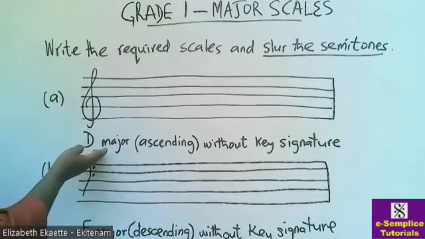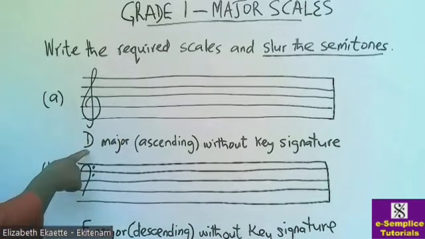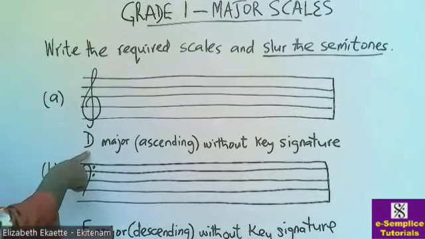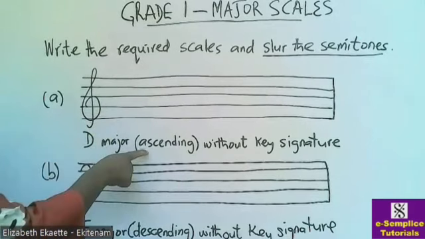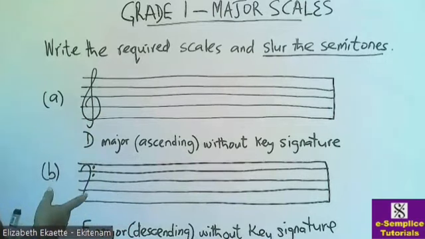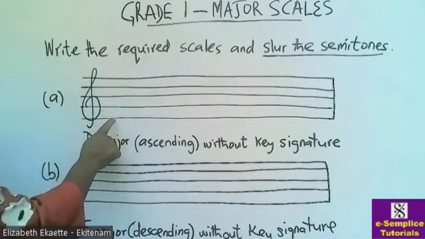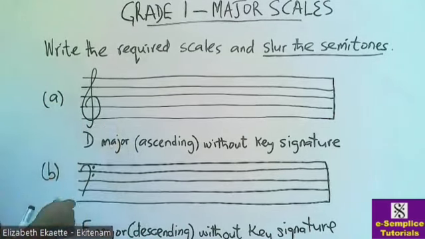Now, let's do D major. Since this is a major scale, the first thing you do is locate a comfortable position for D on the stave that will enable you to ascend. For me, I'll choose this D position. Remember that the first line of the treble stave is E, so it means D is below.